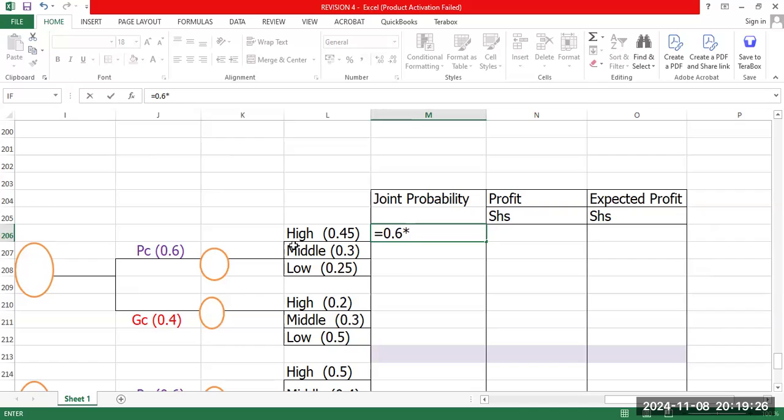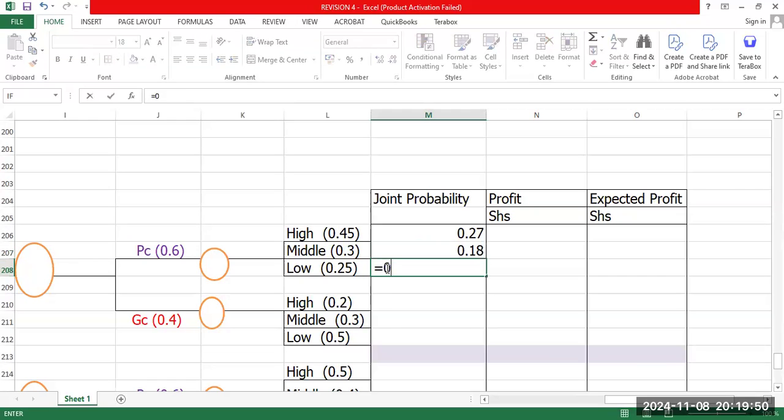You start from here and move up: 0.6 times 0.45. That's what I get. Here it will be 0.6, remember you start from here, times 0.2 times 0.3.